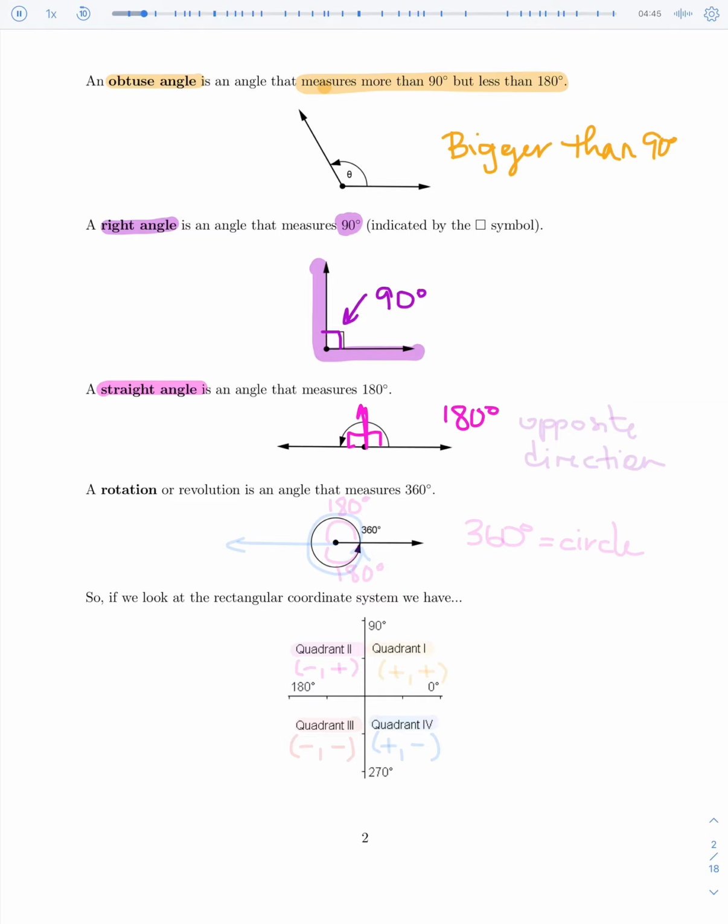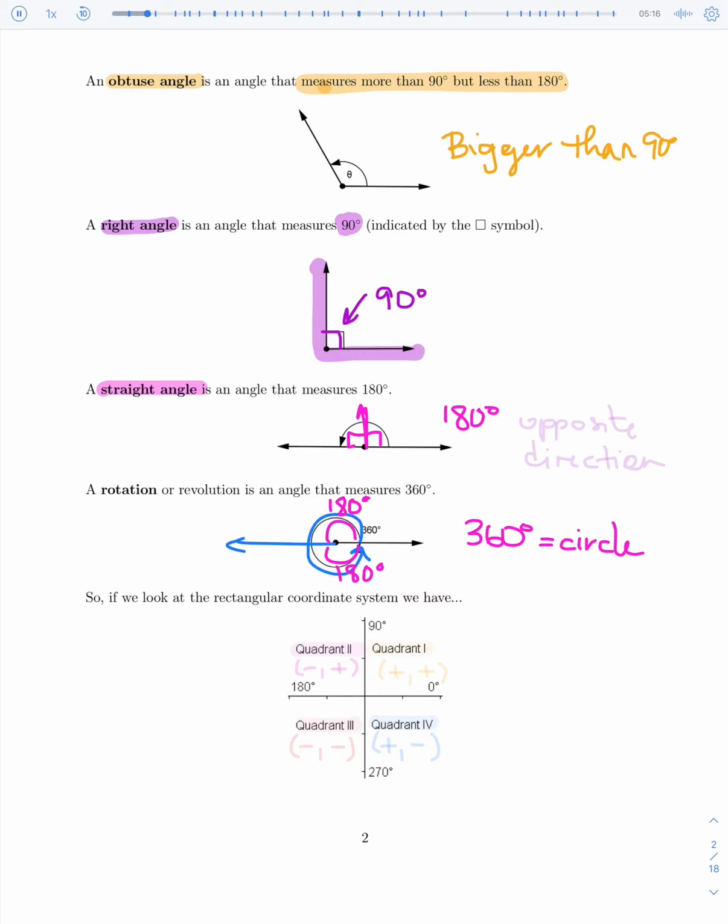Then what if you want to go around in what's called a full rotation, a full circle? Well, then you put together two straight lines. Each straight line would be 180, and then another 180, added together would get you a total of 360 for a full circle or rotation. Basically, when you do a 180, you're going in the exact opposite direction.